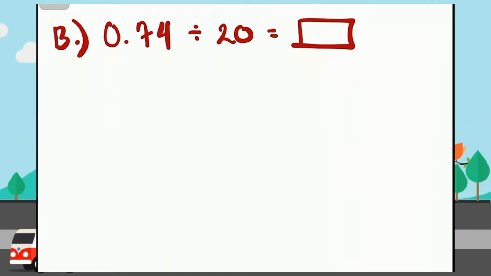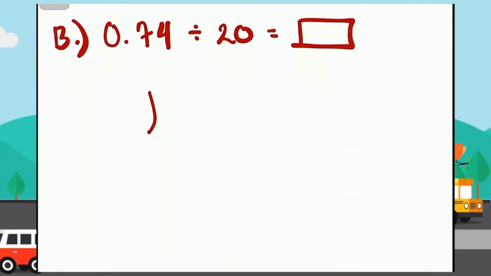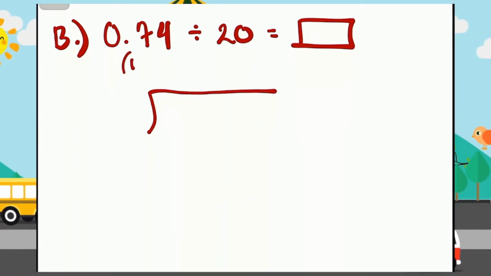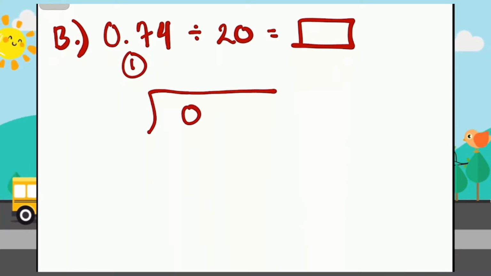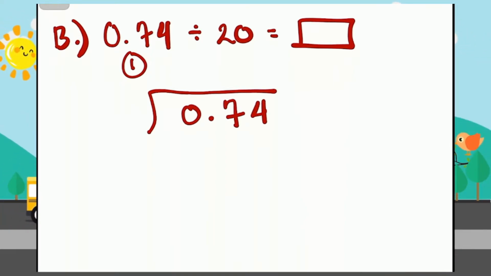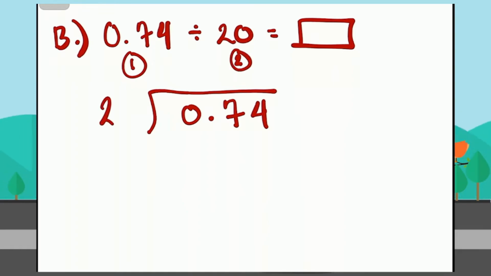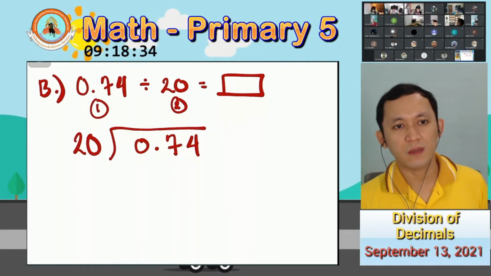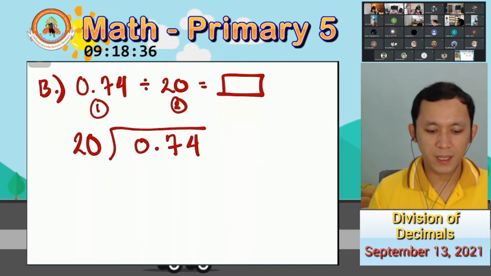Again, the dividend is inside, 0.74, and we have our divisor, which should be written outside. So that will be 20. 0.74 divided by 20.